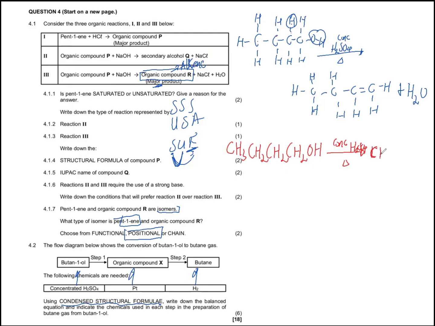CH3, CH2, CH, and CH2, plus water. Okay, so that is the first reaction, reaction 1. That would be the condensed structural formula. Okay, nice. Now, let's go to reaction 2.